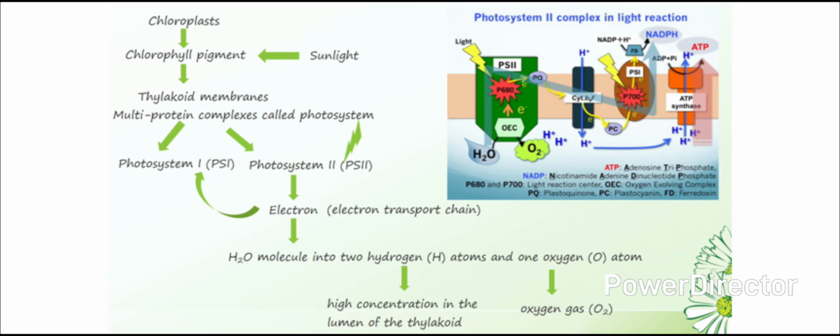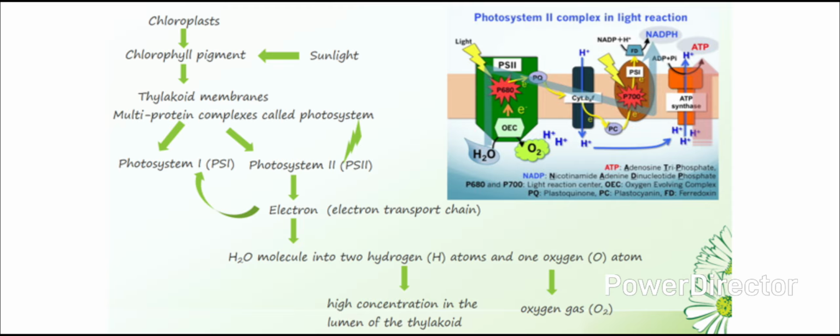Then photosystem 2 splits a water molecule into two hydrogen atoms and one oxygen atom to restore their lost electron and fill the energy vacuum that has been created. The oxygen is released as a waste product.